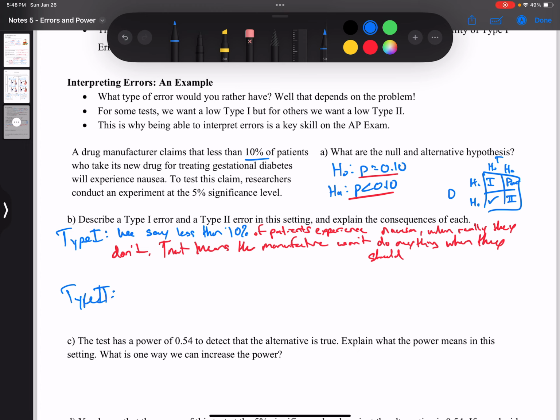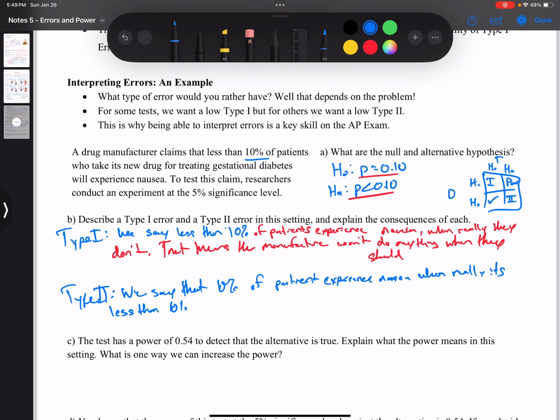And then type 2 error: this is where we fail to reject when we should have rejected. So we say that 10% of patients experience nausea when really it's less than 10%.